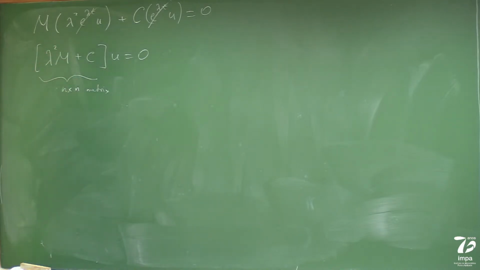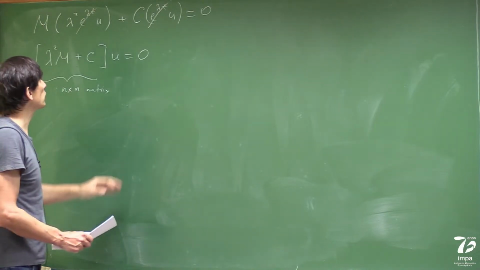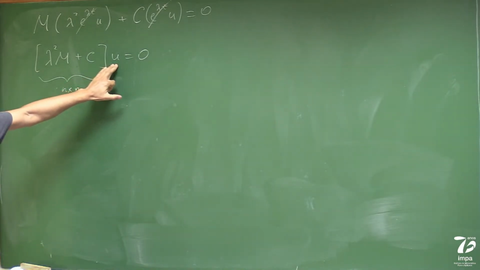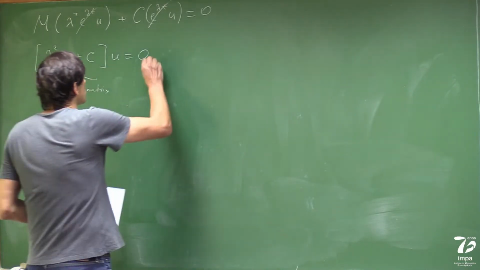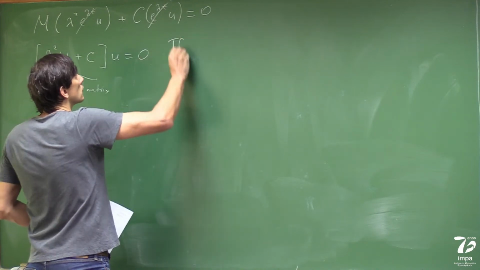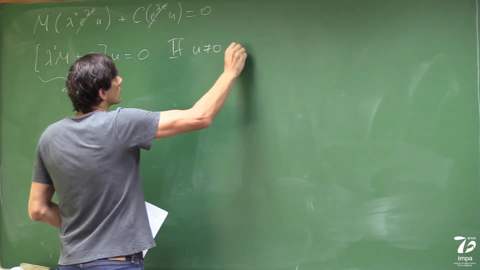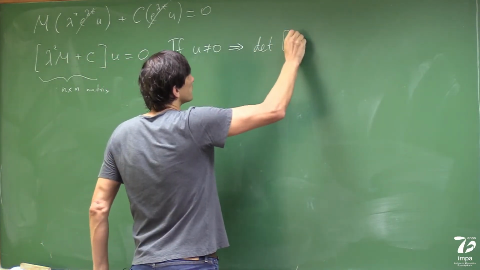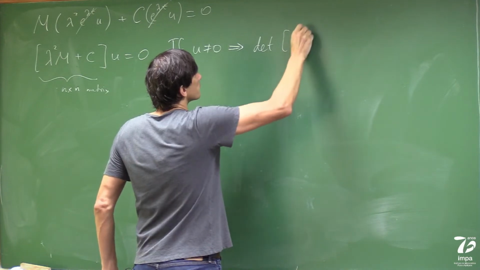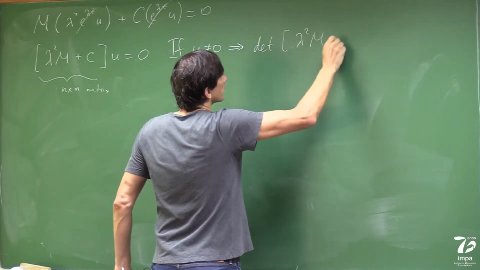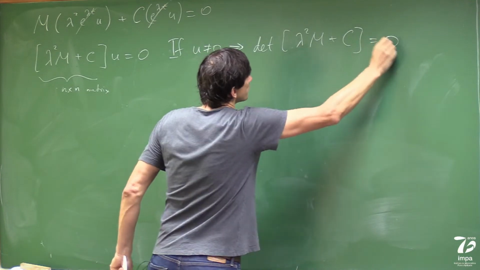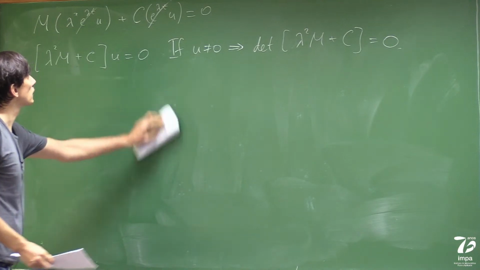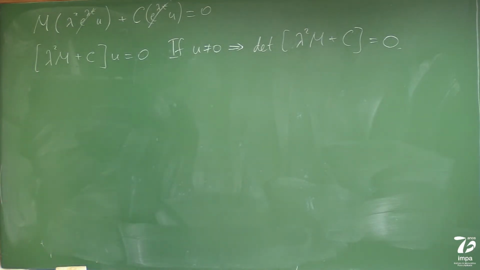But we are not interested in zero u, because if u is 0, then we just get trivial solution, and trivial solution we're not interested in. So we know that if u is non-zero, it implies that the determinant of the matrix is 0.